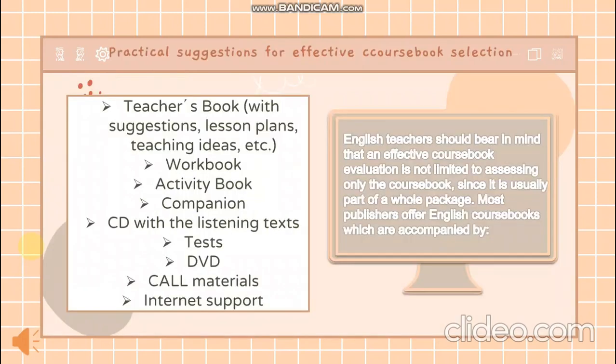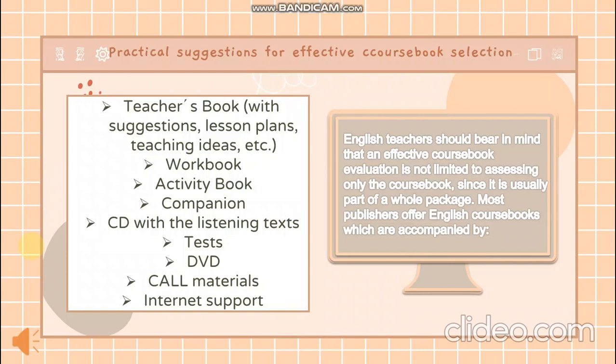Practical solution for effective coursebook selection: English teachers should bear in mind that an effective coursebook evaluation isn't limited to assessing only the coursebook, since it is usually part of a whole package.